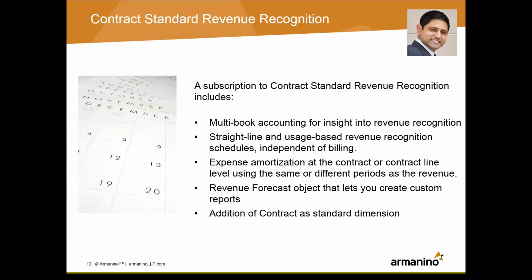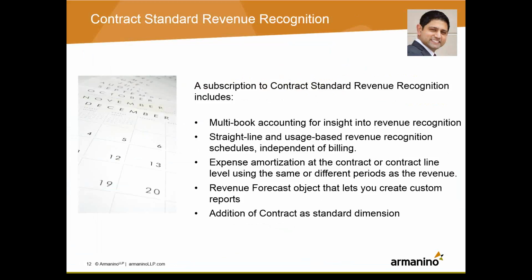For example, if you had a straight line proration of exact days for $12,000 and it followed a 1/1 to 12/31 schedule start and end date, you're going to amortize that revenue over the course of the 12 months, so 12 periods. However, you can also do usage-based RevRec, so that's pretty new.